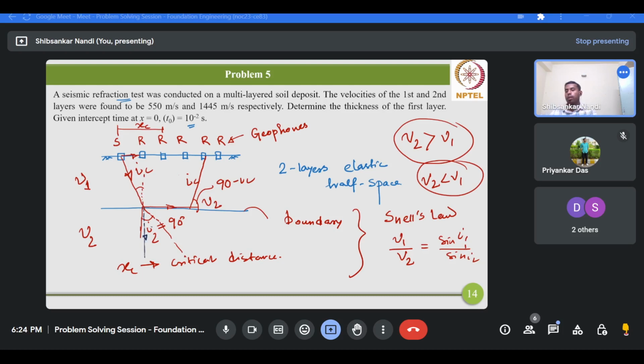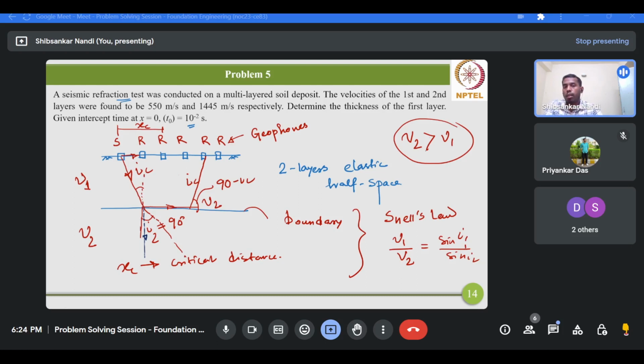Since v2 now is less than v1, obviously i2 should be less than i1. So it will be refracted near the perpendicular to this boundary. Therefore you should keep this condition in mind: v2 greater than v1.